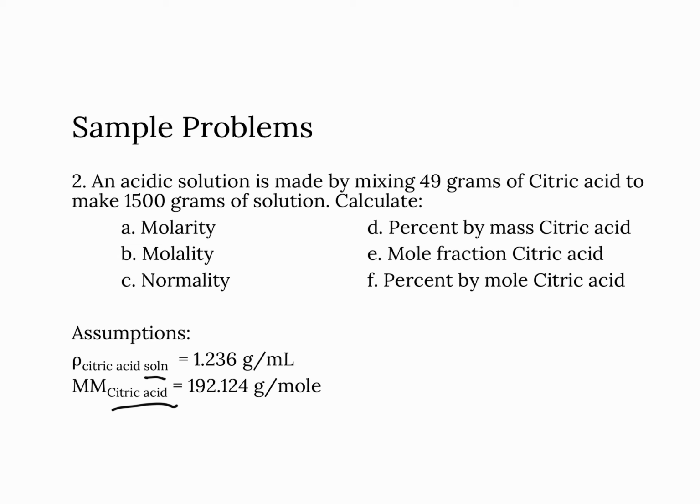As we know, molarity is moles of solute divided by the volume of the solution. So remember that the 1,500 grams here is the mass of the solution, but the 49 grams of citric acid is the mass of the solute.